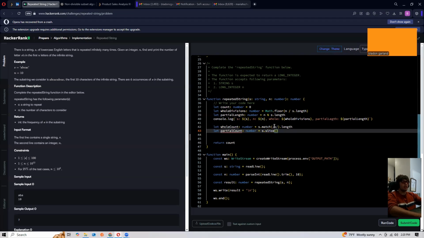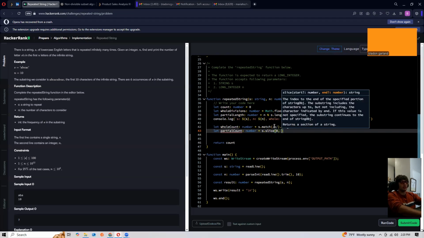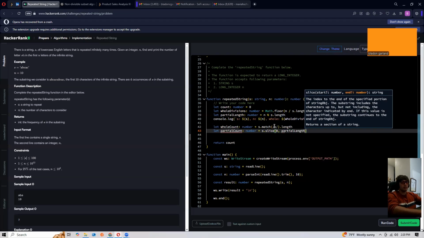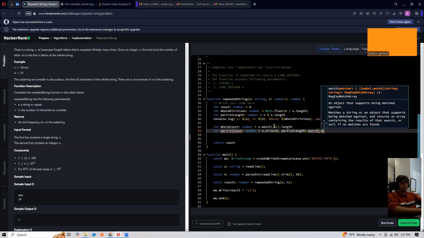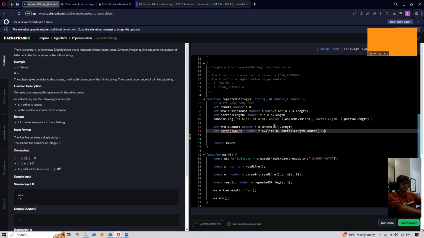So we're going to slice from the 0th element to the partial length element, and then we're going to say dot match, say a, and then we're going to say dot length. Okay, cool.